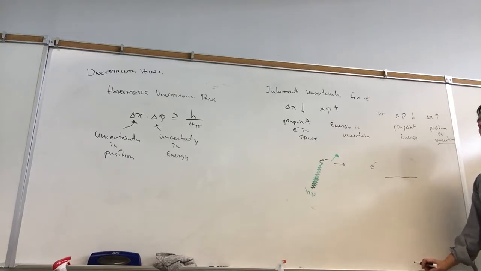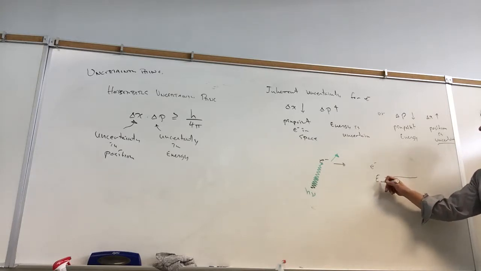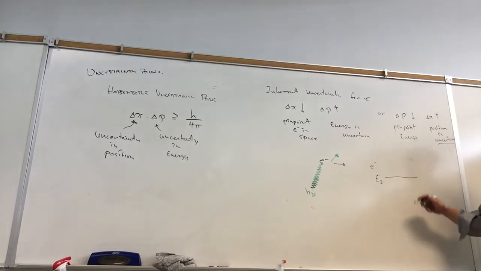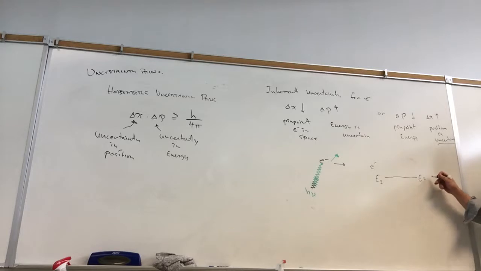Let's say, what's E2? E2 is just equal to minus R sub H over 2 squared. In other words, it's going to be minus R sub H over 4, where R sub H is minus 2.179 times 10 to the minus 18 joules, divided by 4. So we pinpointed the energy.